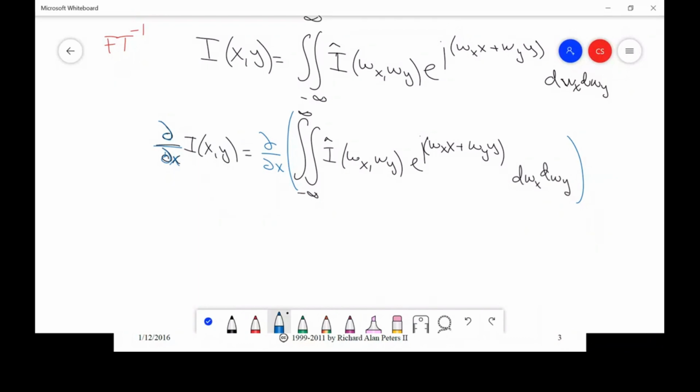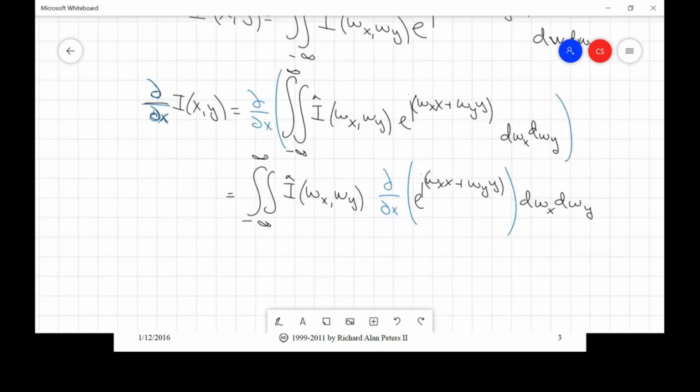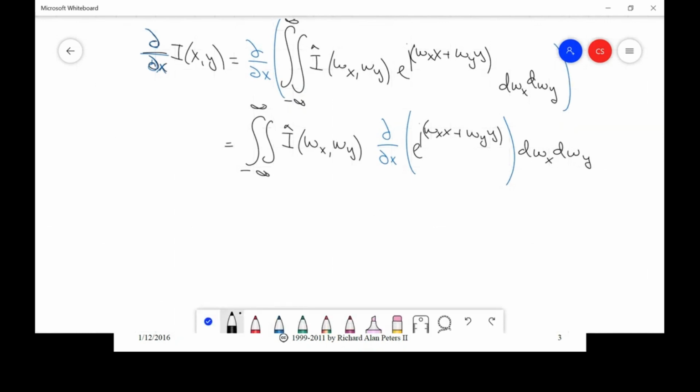So we go inside. Let's do it in small steps. Now this will be the integral. This is a constant, say, and then we have the derivative of this.